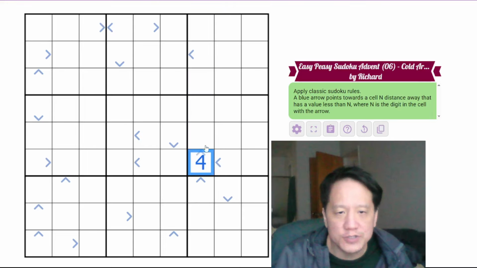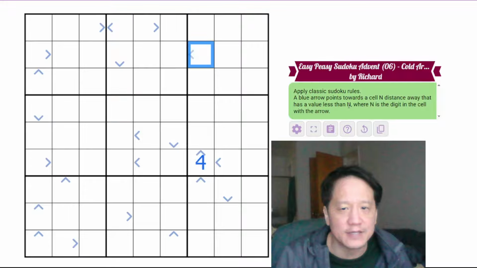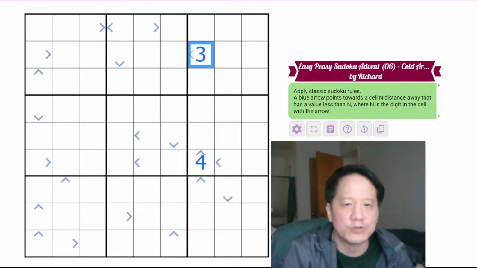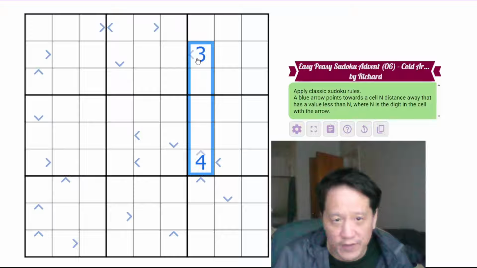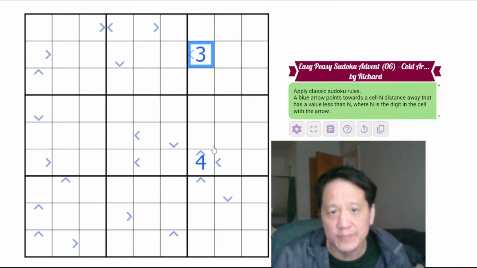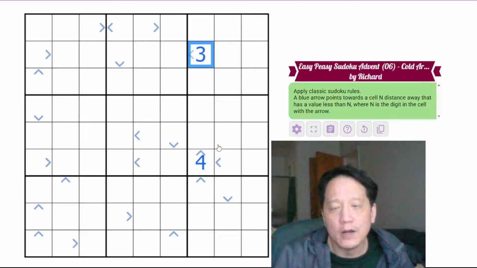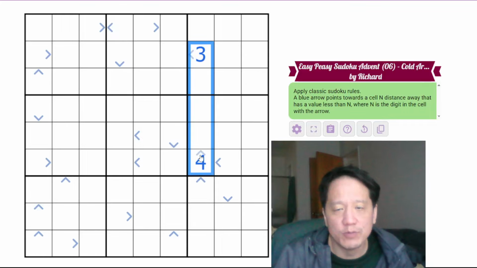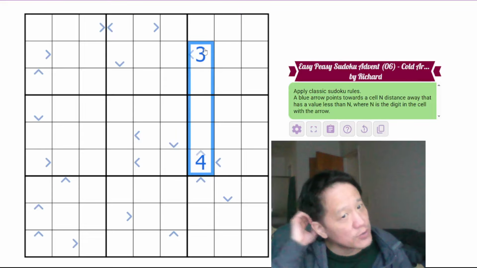Then 4 cells away, which is 1, 2, 3, 4 in this direction, would be a value less than 4, which could be 1, 2, or 3, right? So this would be possibly valid here. And that's an example of how the cold arrows work. And those are all the rules.